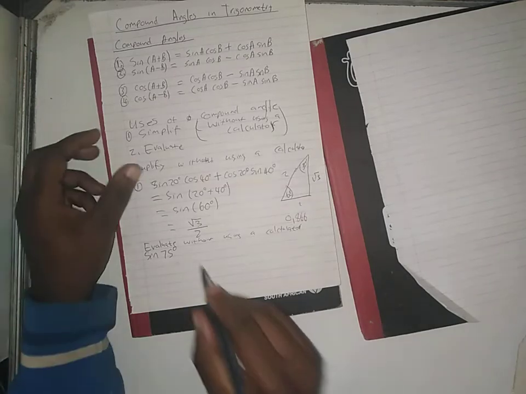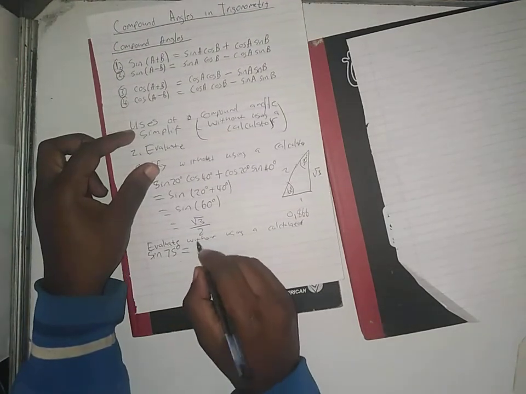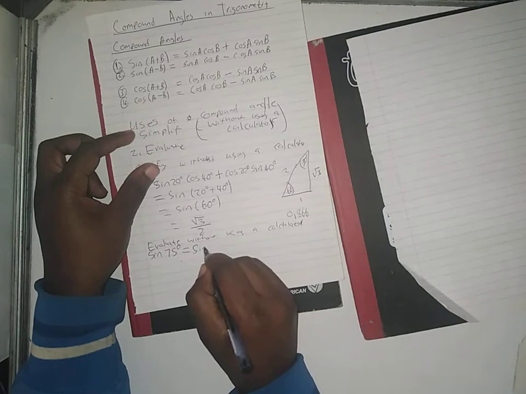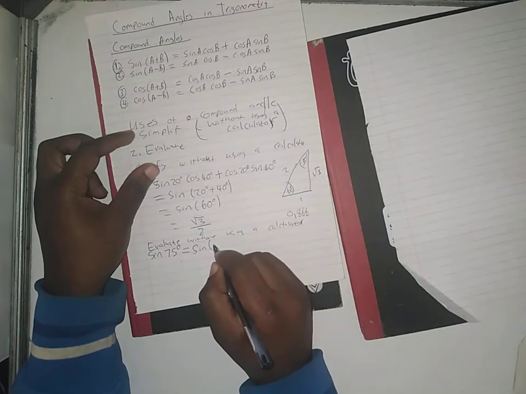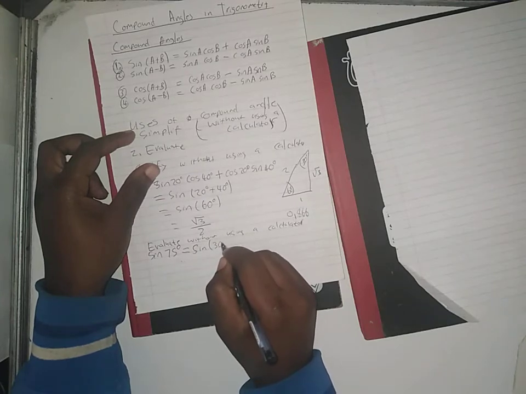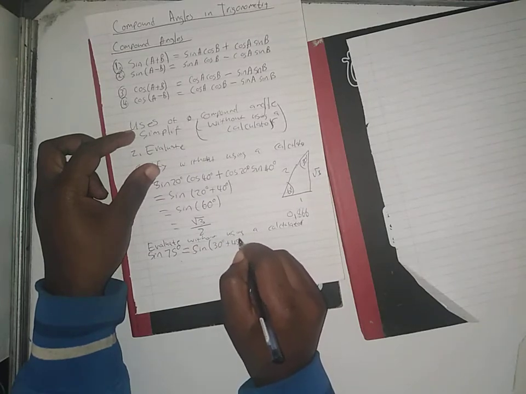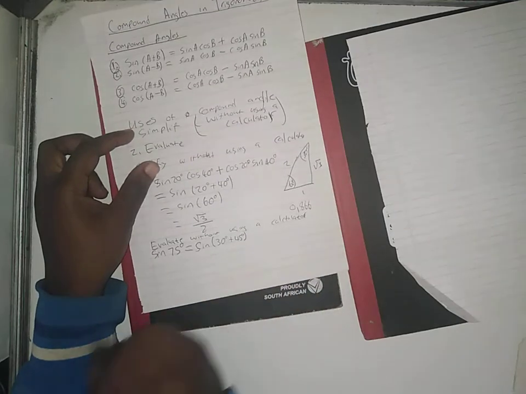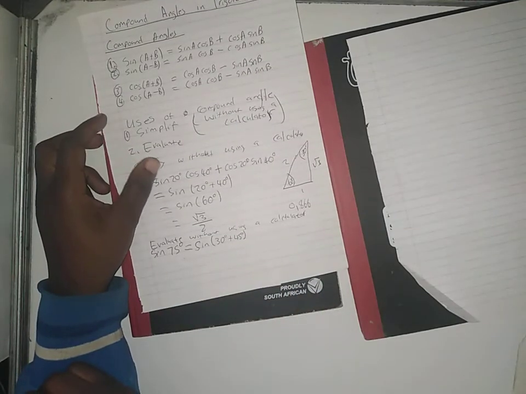Special angles are 30 degrees, 45 degrees, and 60 degrees. So here we've got sine 75 degrees, and we know that this will be the same as sine, and in the place of 75 we just put 30 degrees plus 45 degrees. You can also say 45 degrees plus 30 degrees. It doesn't really matter.